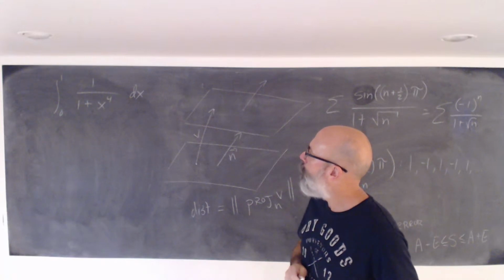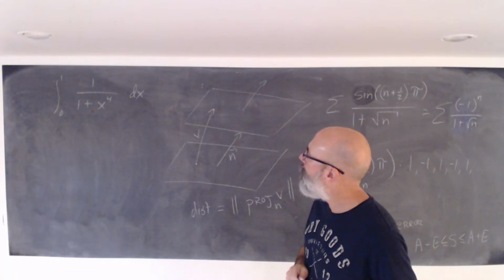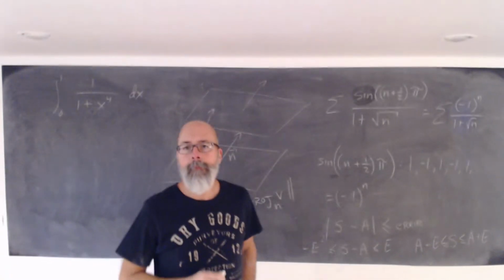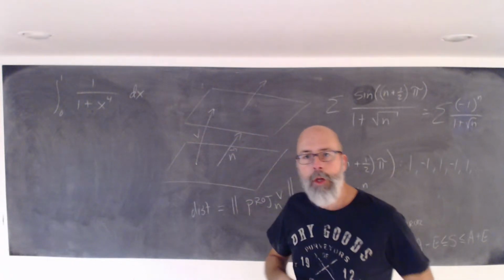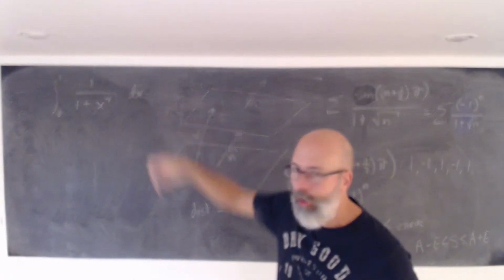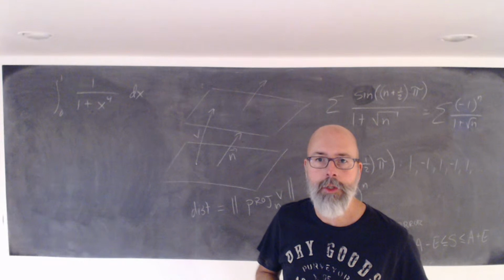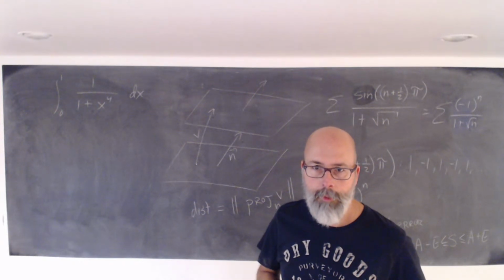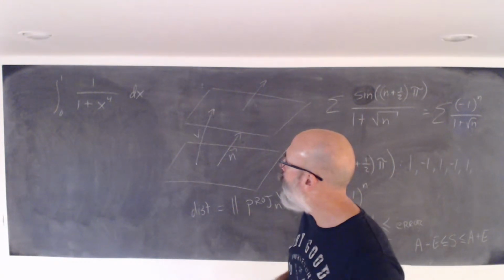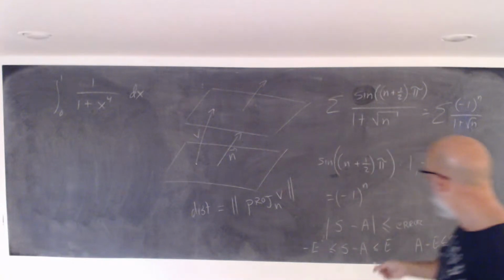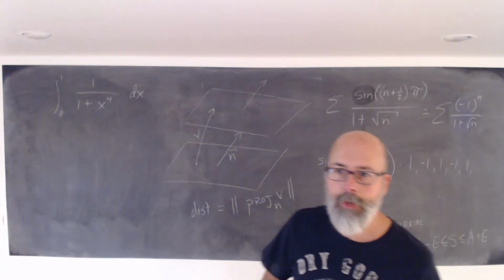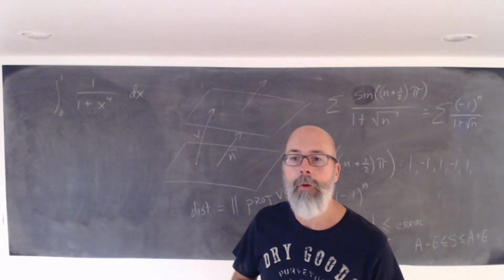Instead, let's approximate, and you're going to find the Maclaurin series for this function. You're going to show that the interval of convergence is -1 to 1. So here you're fine in the interval of convergence. You're going to integrate term by term, and what you end up with is an alternating series. And you can approximate that alternating series using the result at the end of the alternating series test that we proved, and you're good to go.